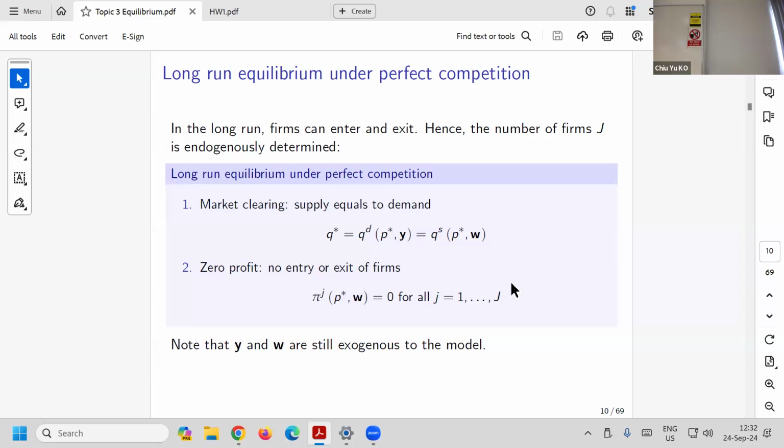W can involve labor, and you can have a labor market there, or W can involve raw material, and you have another entry exit condition. It depends on what you think is appropriate. Then you can extend this model, and if you extend it big enough, it becomes a general equilibrium model. But this is still partial equilibrium if you have something remaining exogenous.